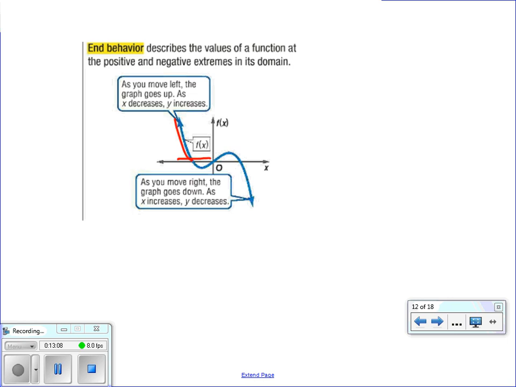So as x decreases, the y is increasing. And as you move to the right on this graph, you'll notice that as the x goes up higher, the y decreases over time. Okay? So that is just explaining how in general the line is moving.